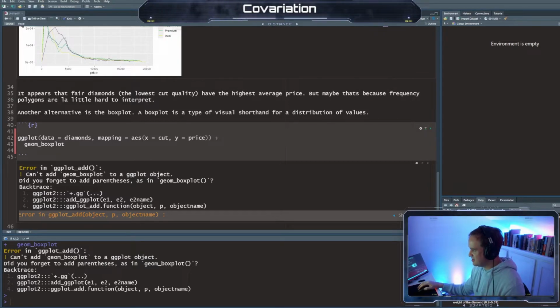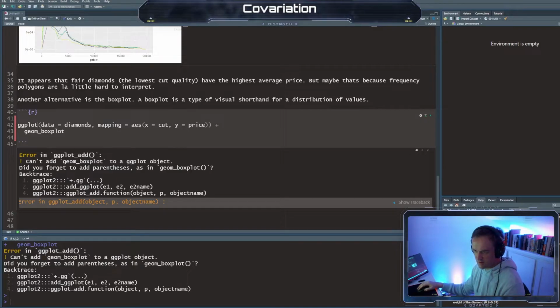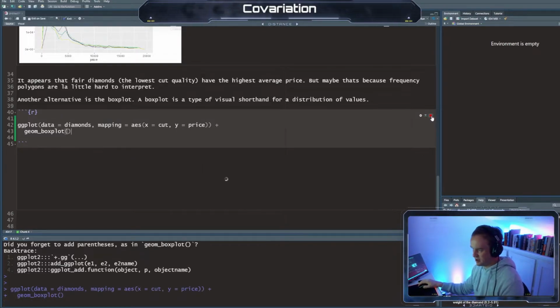Data equals diamonds, mapping equals aes, x equals cut, comma, y equals price. geom_boxplot. Why are you not working? Oh. Duh. There we go. All right.